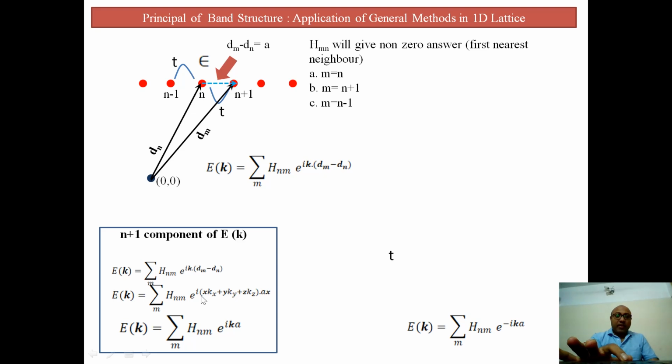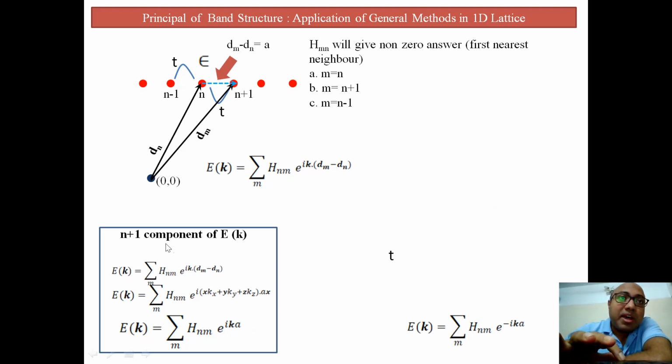So x is the unit vector, so again it should be ikxa, but since it's a one-dimensional crystal, only one k is there, so I can write ika. Okay, if it is convenient for you, you can write kxa also, doesn't matter, but I have written ik.